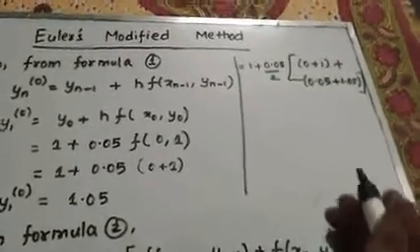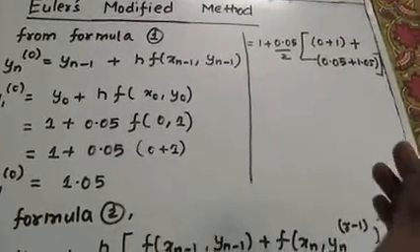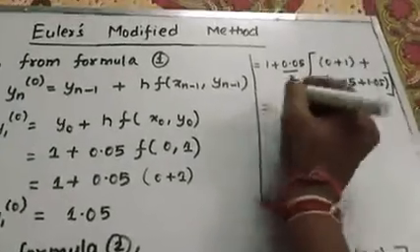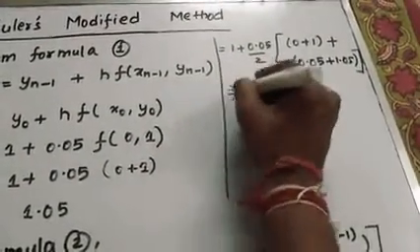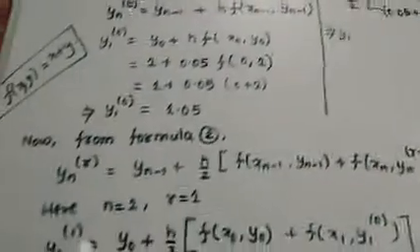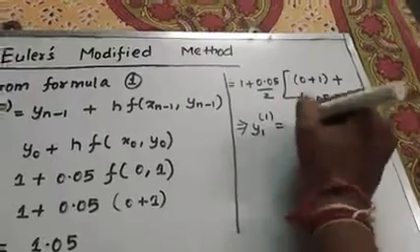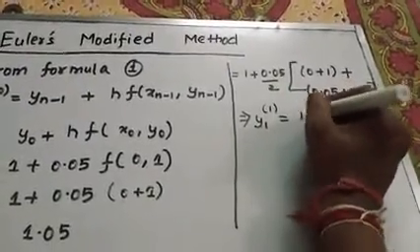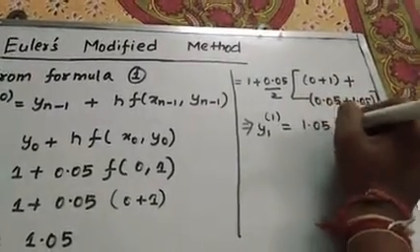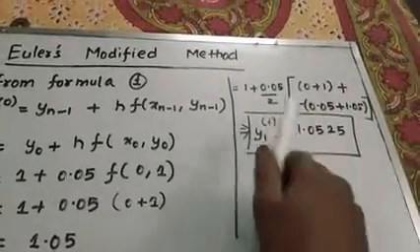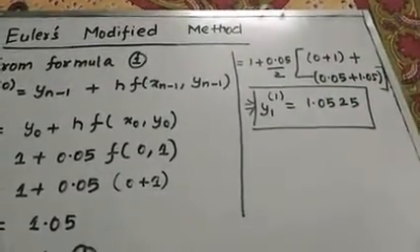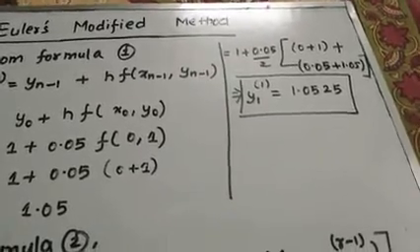Now after doing the addition and then multiplying and solving this, you will get y1, what we are finding here, y1 at the point 1.0525. So this is the first stage of modification, because this one indicates the first stage of modification.